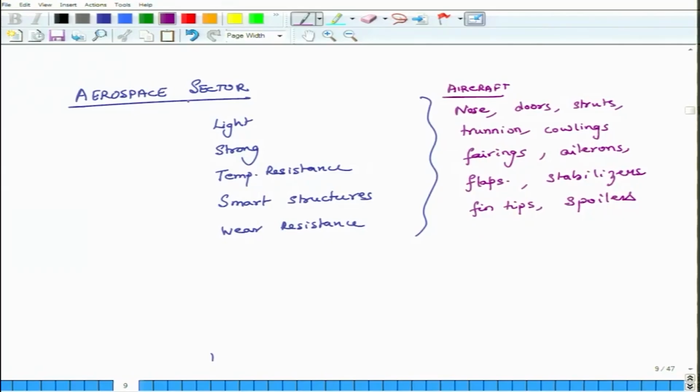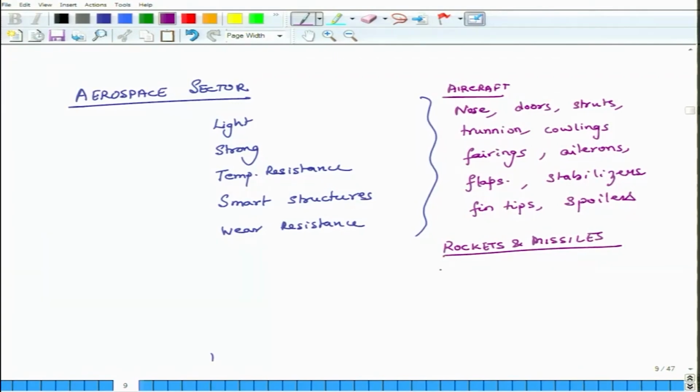But I said aerospace sector. So, another part of the aerospace sector is rockets and missiles. There also composites are used, and actually in these components very highly engineered composites are used.